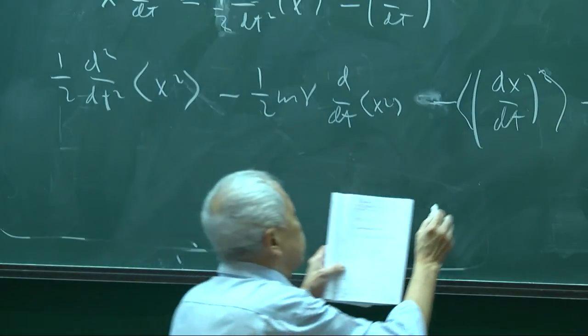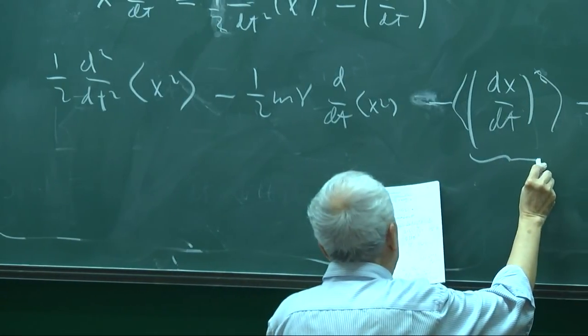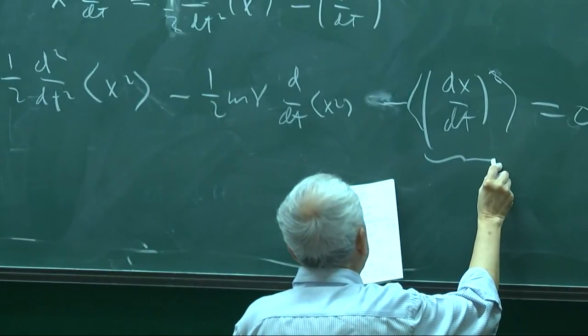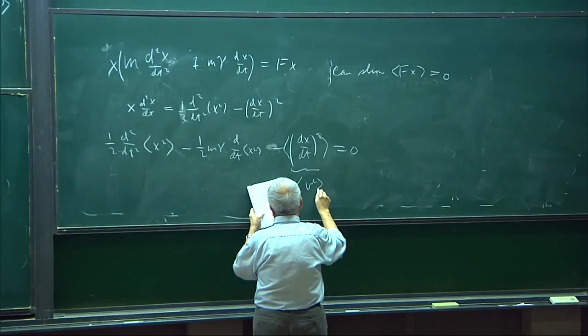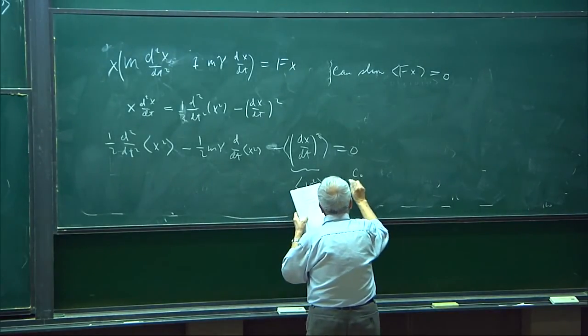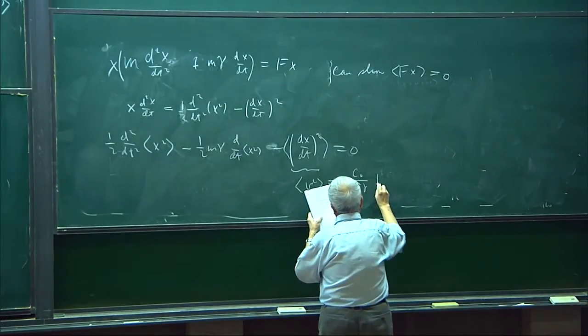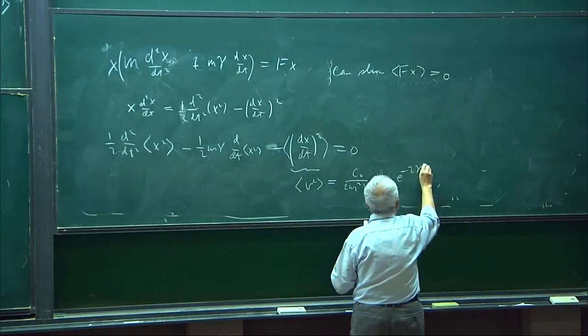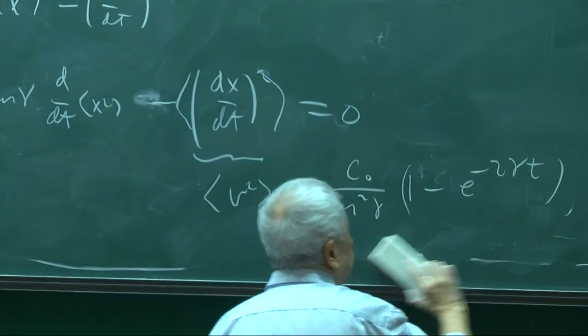And this term is the average of v squared. And we know that to be C0 over 2 m squared gamma times 1 minus e to the minus 2 gamma t. We have solved the kinetic energy earlier, right?